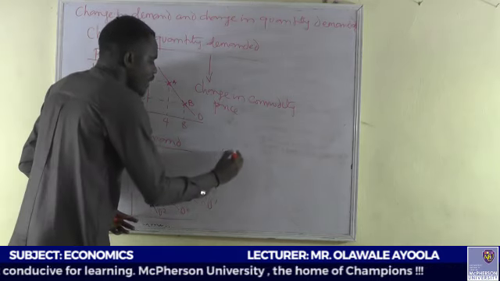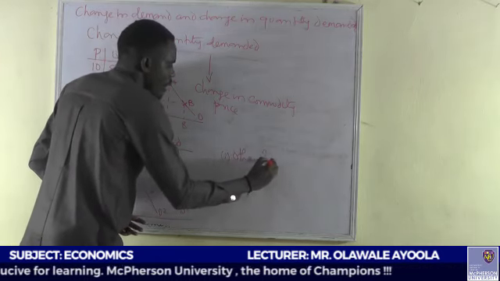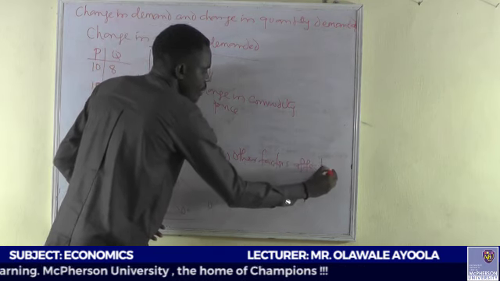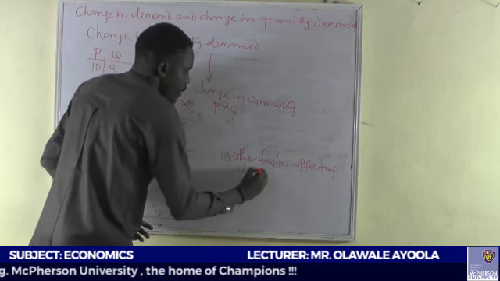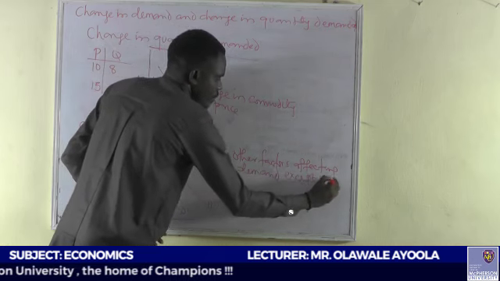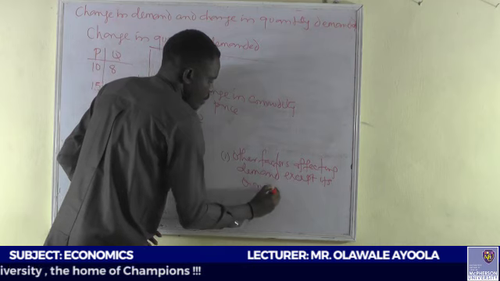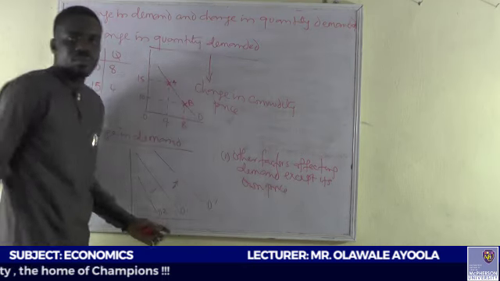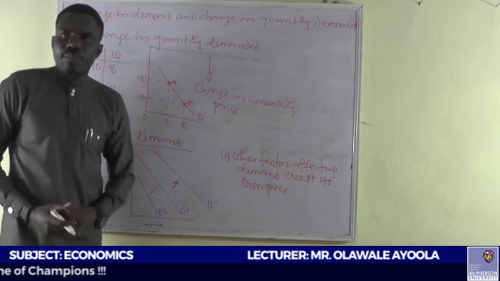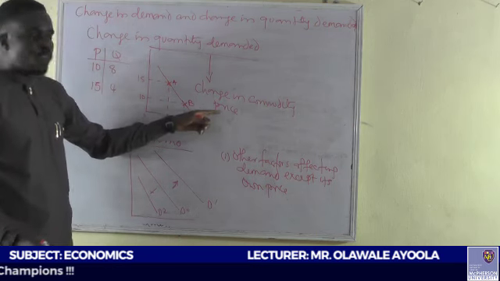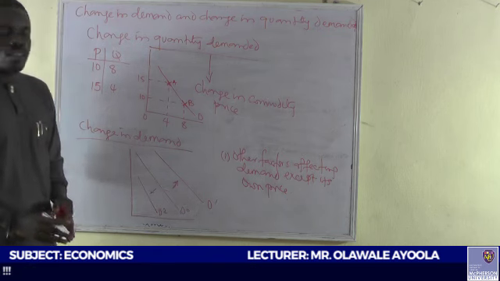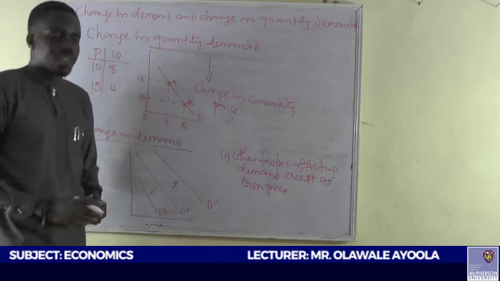These are other factors affecting demand except its own price. Meaning that other factors affecting demand except the price of the commodity will result in a shift of the demand curve.